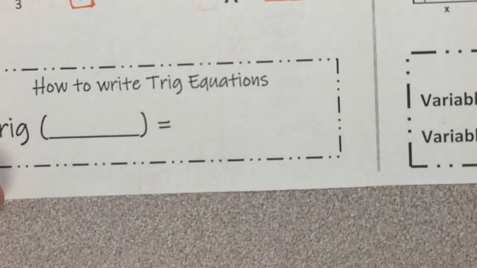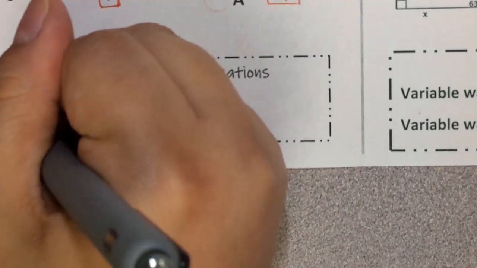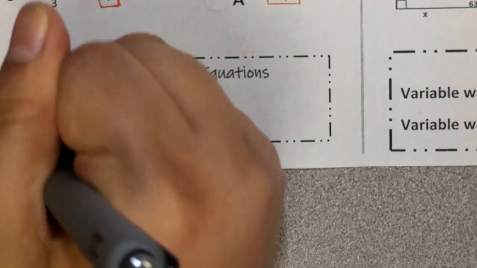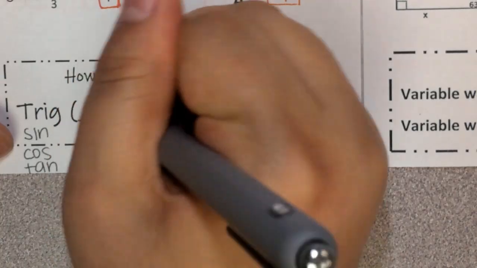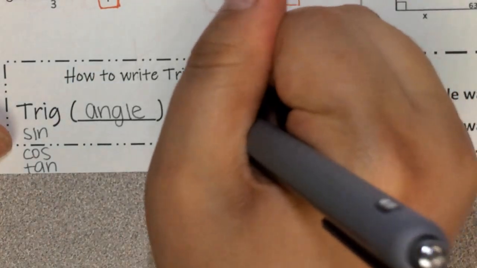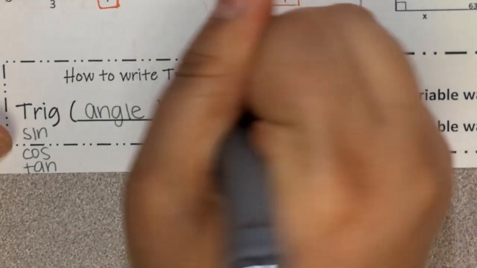So go back to the bottom. I kind of skipped this. Did y'all notice that? Yeah. Okay. Your trig equation, by the way, trig is sine, cosine, or tangent, is always going to be with the angle. And it is always going to equal a side divided by your other side.